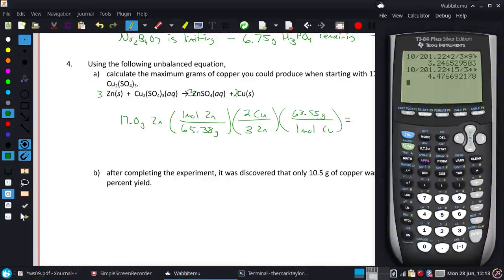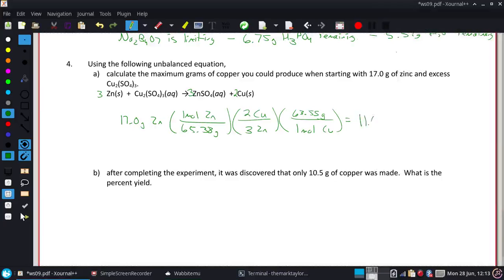So trusty dusty calculator here. 17 divided by 65.38 times 2 divided by 3 times 63.55. And I get 11.0 grams of copper.